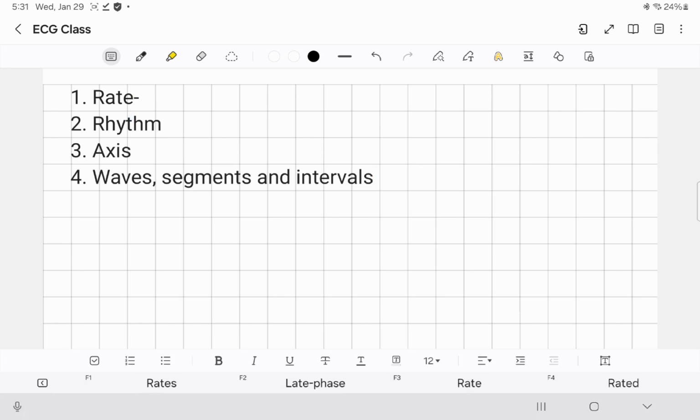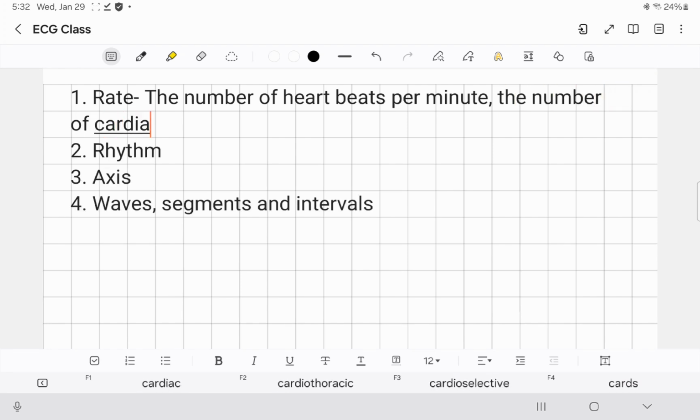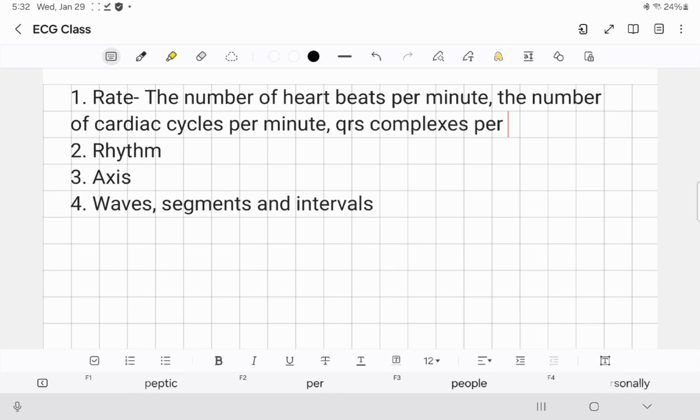So the ECG rate is the number of heartbeats per minute, which is the same as the number of cardiac cycles per minute, which is the same thing as the number of QRS complexes per minute. Right? So that's the rate. What about the rhythm?